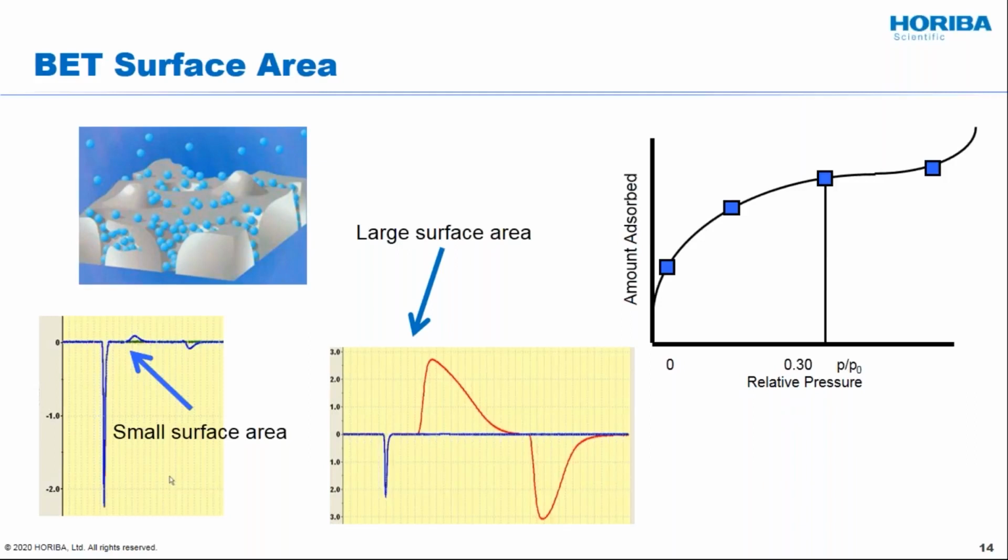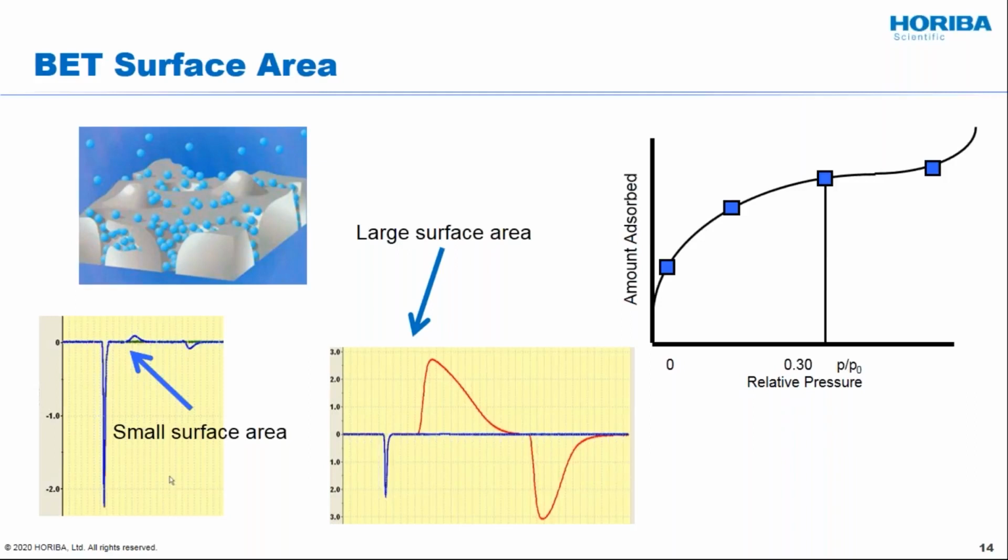Because what you're going to find happening, and we'll talk about this here in this PowerPoint in just a moment, is that as your particle size gets smaller and smaller, your surface area is going to end up getting larger and larger. So these are two complementary techniques that can allow you to measure, in many cases, the very small particles.